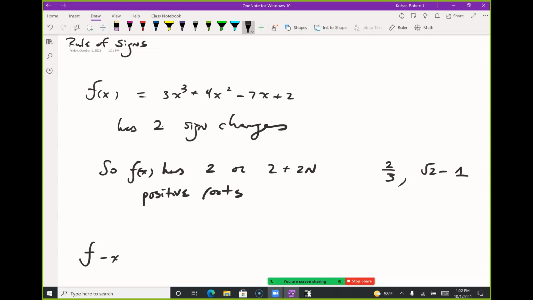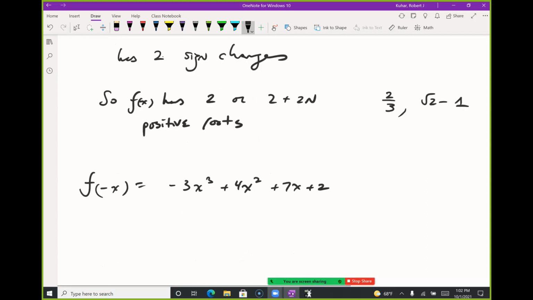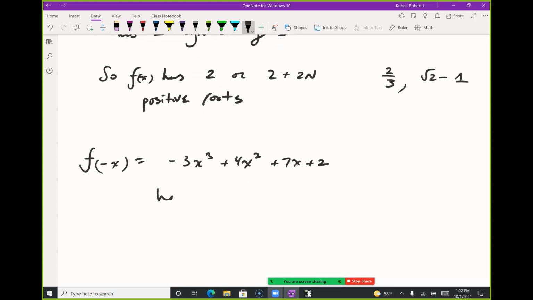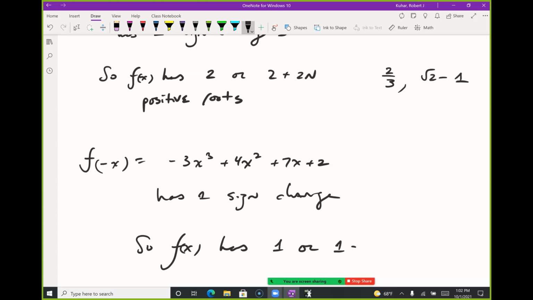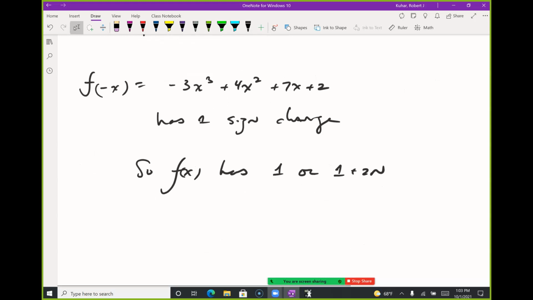f of negative x is what? Negative 3x cubed plus 4x squared plus 7x plus 2 has one sign change. So f of x has 1 or 1 plus 2n negative roots.